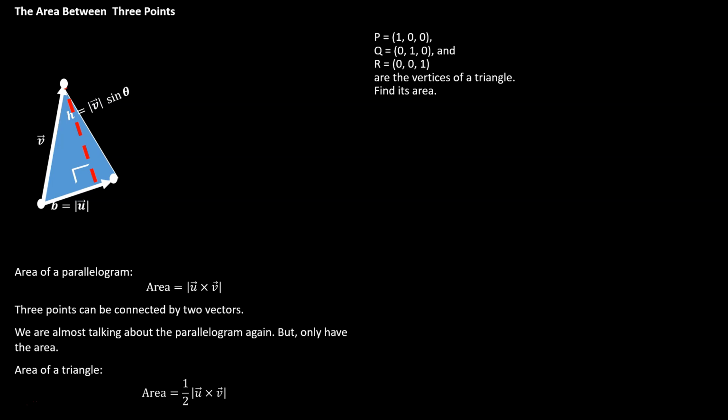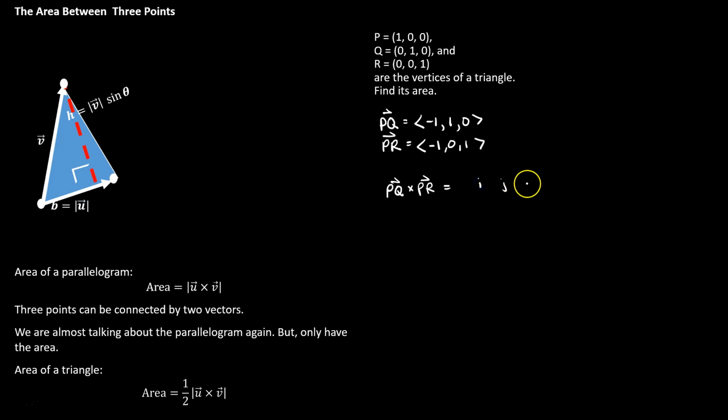So if we're given 3 points, our first step would be to find the vectors between any given 2 points. So I'll do P to Q, and then I'll do P to R. Calculate these two vectors. Now we're going to find the cross product between these two vectors.